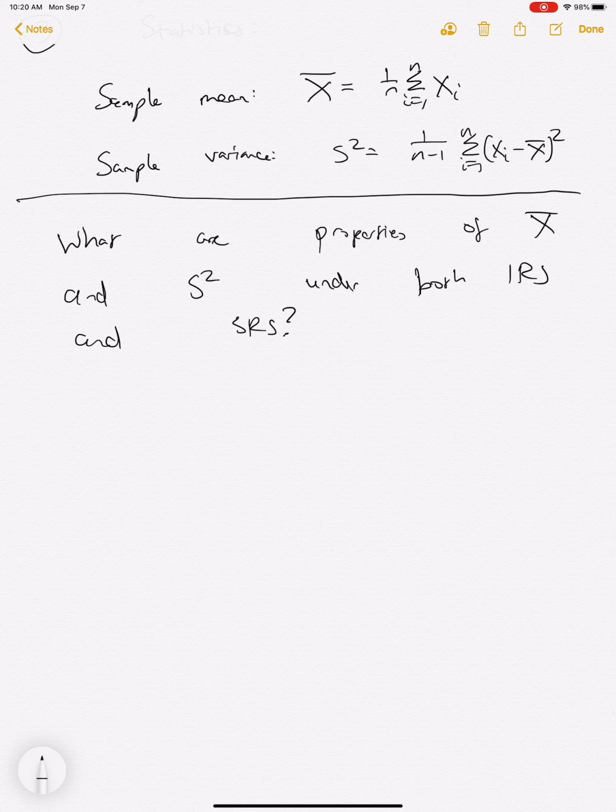We're just going to talk intuitively, and think practically and intuitively about what's going on with IRS and SRS, to give us some grounding. This will be useful before we dive into the math.